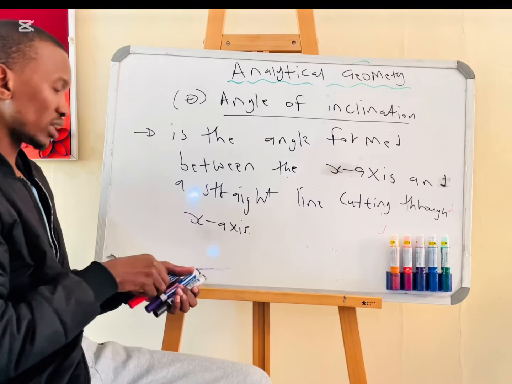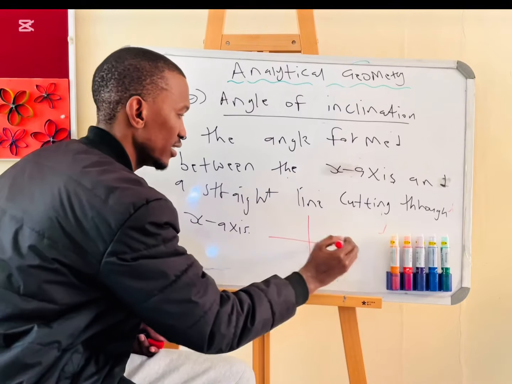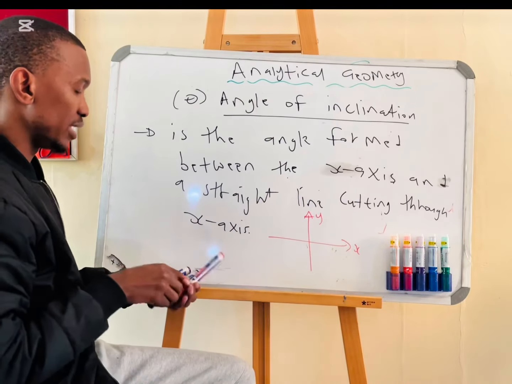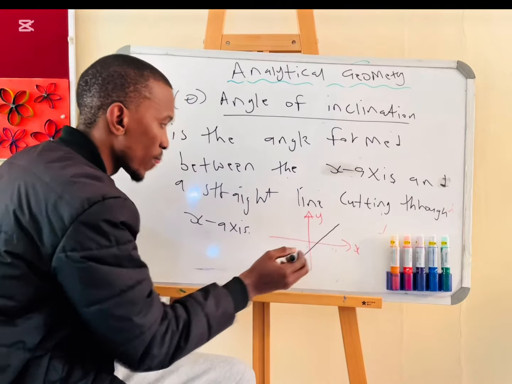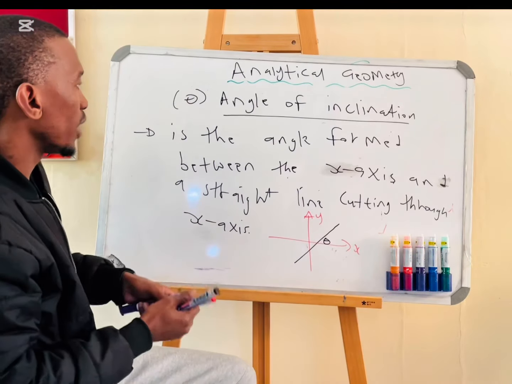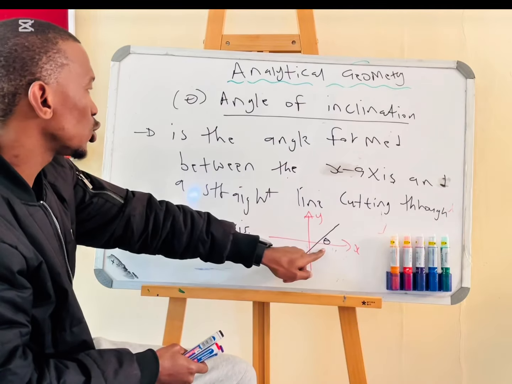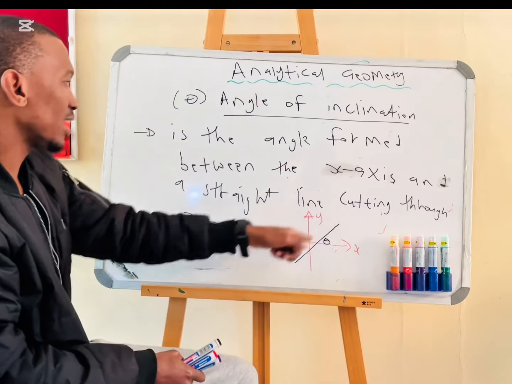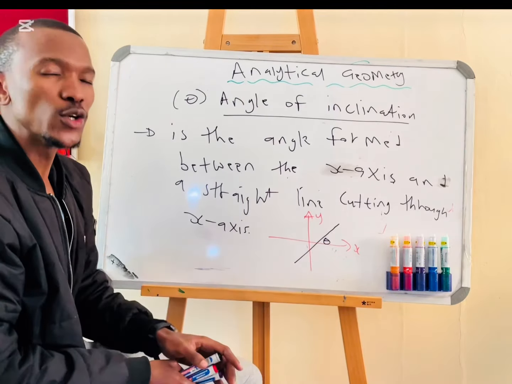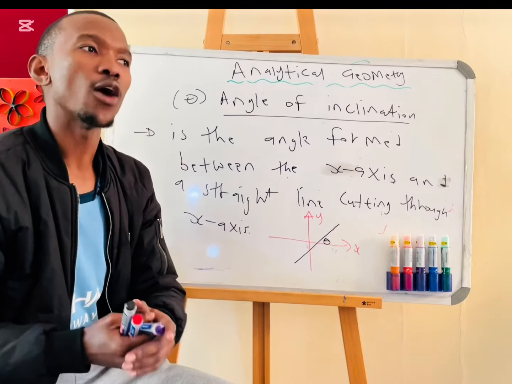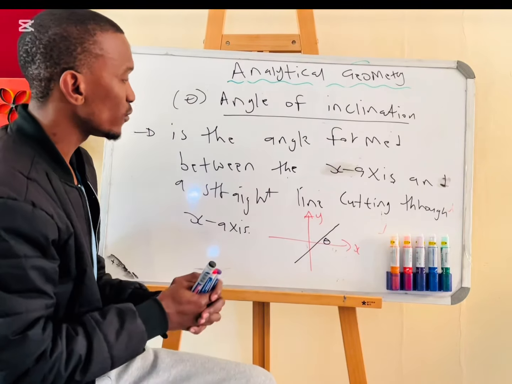So remember you have your y and your x. Now there's a line that comes in. Look, the angle is here, theta. So the angle that is formed between the x-axis and the straight line cutting through the x-axis, we call it the angle of inclination. I hope you guys were able to understand angle of inclination.